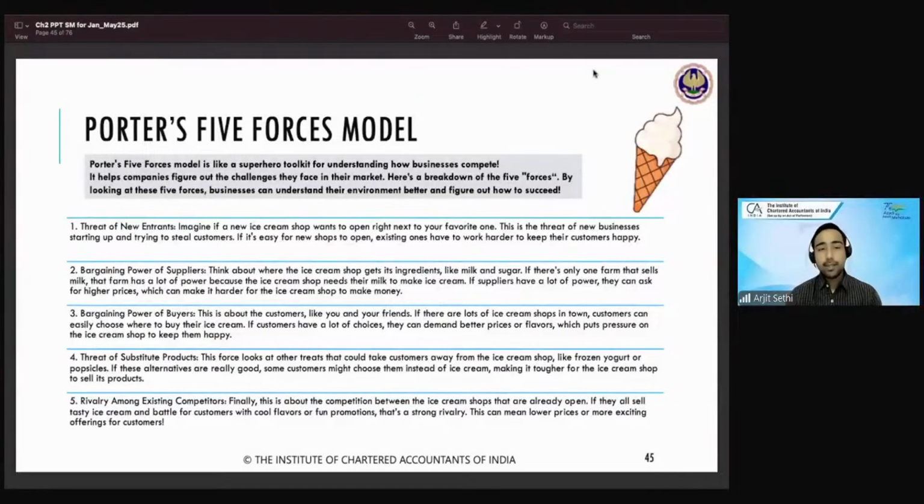You have a tube light. There's a company, let's say Philips, Osram, or any other company which makes tube lights. What's the threat of new entrant?